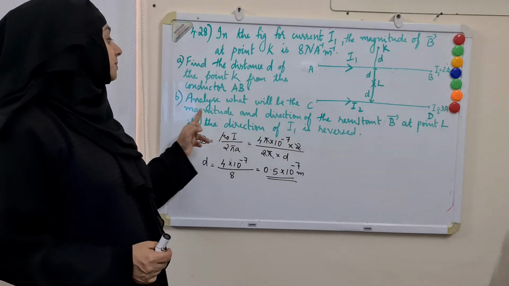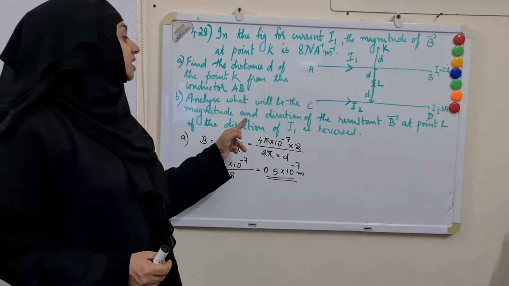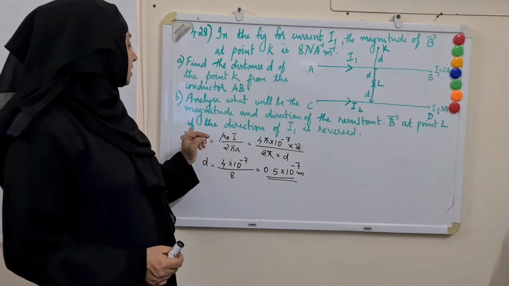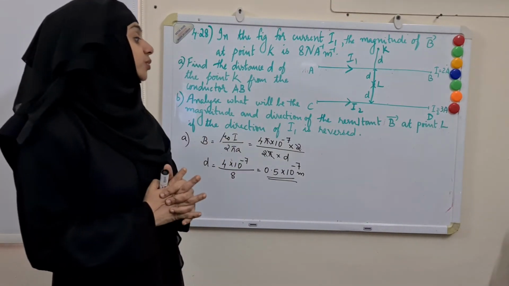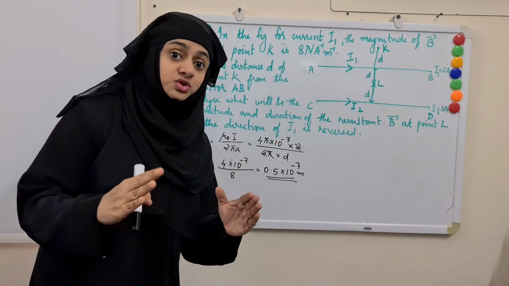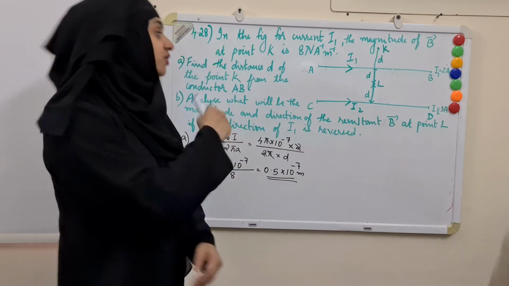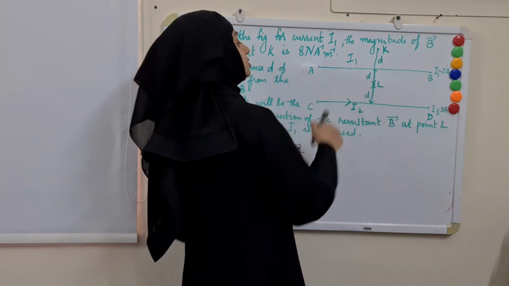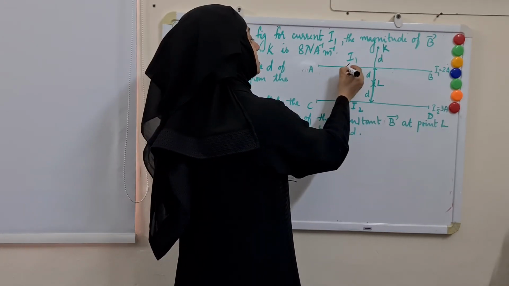So what should I do? I have to reverse the direction of current. So instead of I1 in this direction, I am going to put I1 in this direction.